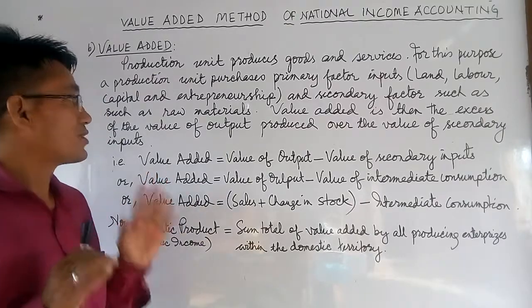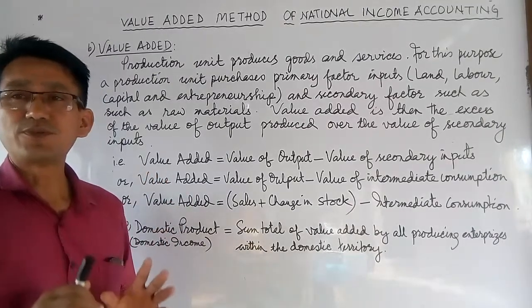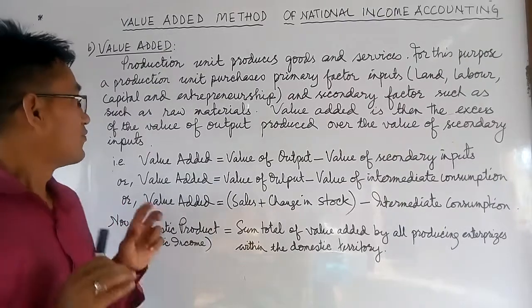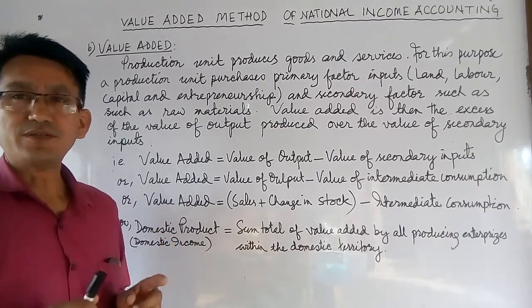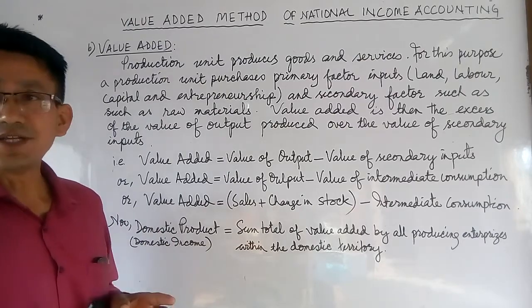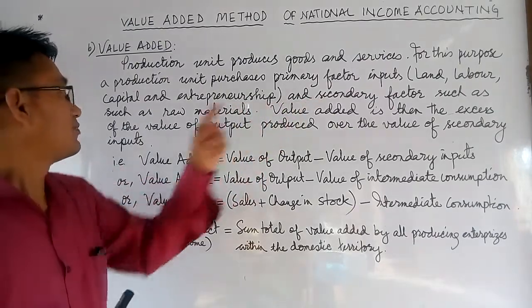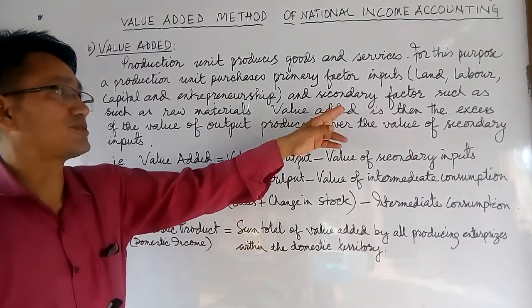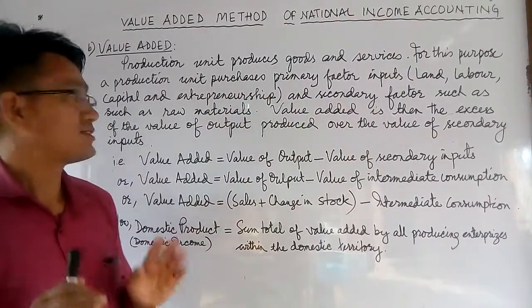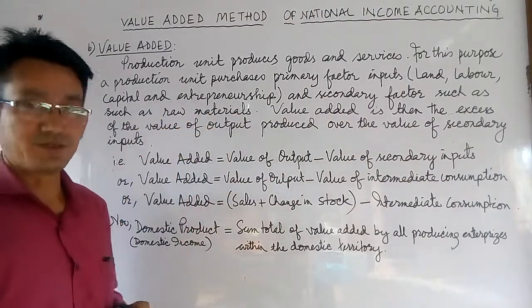Every production unit produces goods and services. For that, the production unit purchases the primary inputs such as land, labor, capital and entrepreneurship, and secondary inputs such as the raw materials.